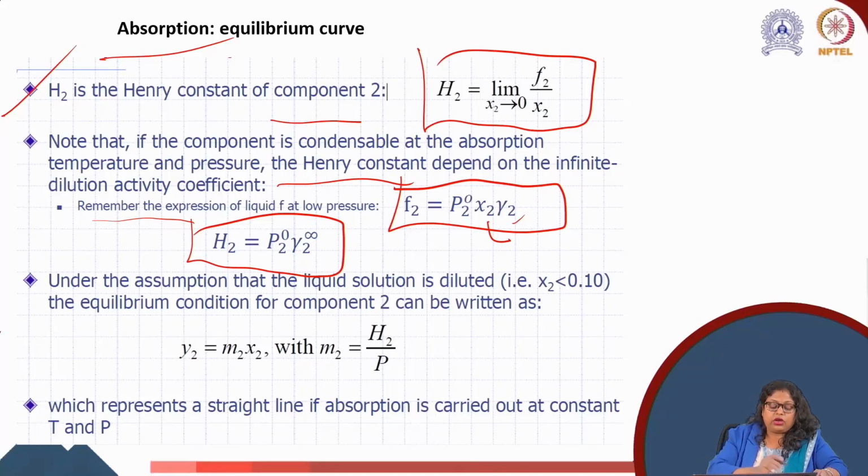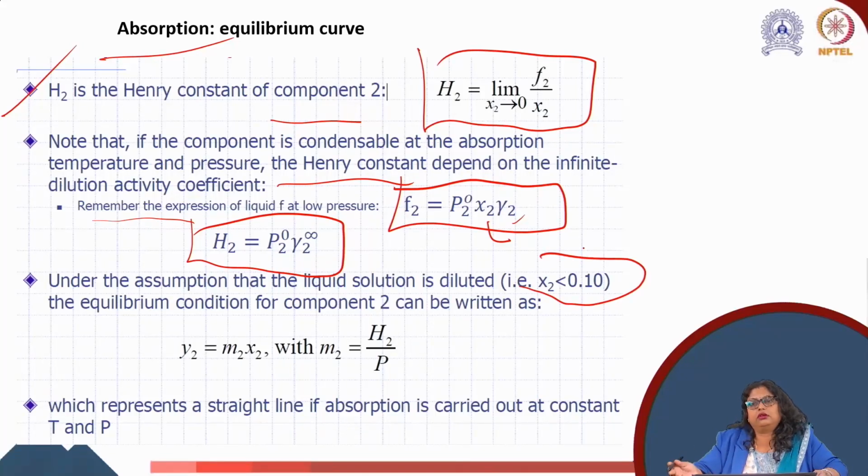So under the assumption that the liquid solution is diluted, what dilution are we taking? X2 less than 10%. So when you have the gas stream coming from the power plant and the concentration of your CO2 is very low, then we can go ahead with the application of this equation.